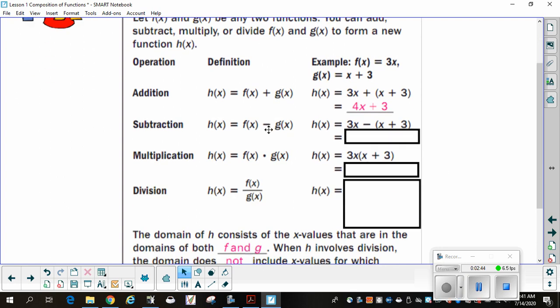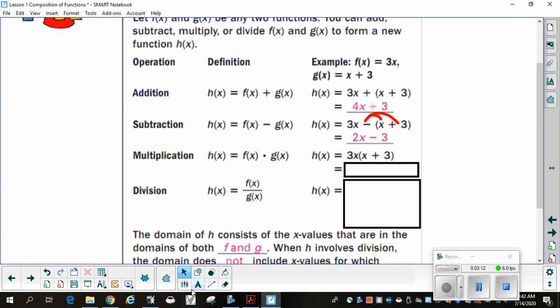Subtraction, f of x minus g of x. Now here you've got to remember that you are subtracting. You're taking the 3x and you're subtracting all of this. This is probably the biggest mistake anybody makes, and that minus must be distributed over the x and over the 3. So now it's 3x minus x is 2x, minus 3 is minus 3.